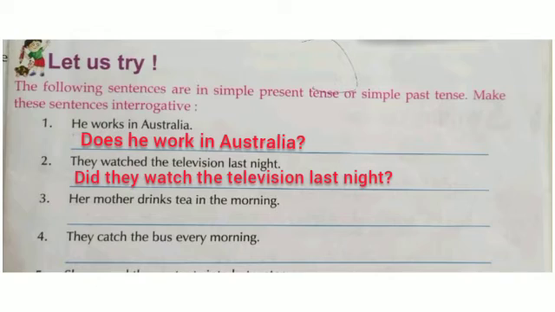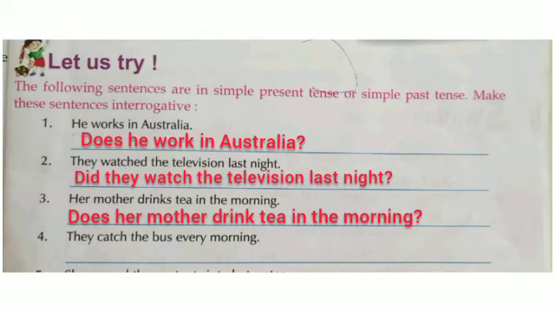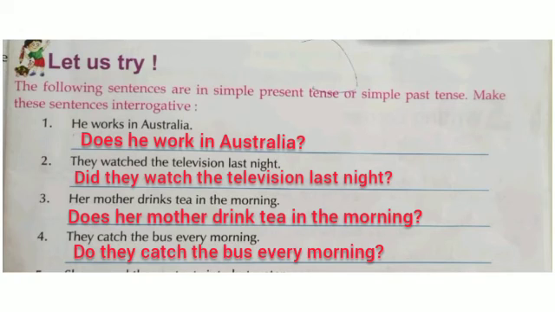So, the verb drinks is in simple present tense, we need to add does before the subject her mother, isn't it? Yes. So, the answer is, does her mother drink tea in the morning? And at the end, put a question mark. Moving on to the fourth question. They catch the bus every morning. Tell me, children, what will be the answer? Yes, do they catch the bus every morning? And put a question mark.